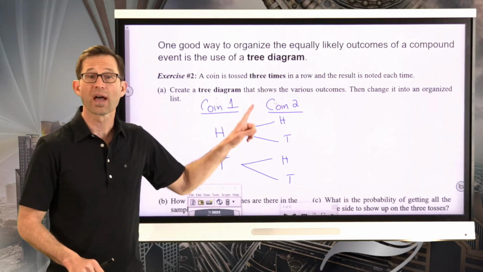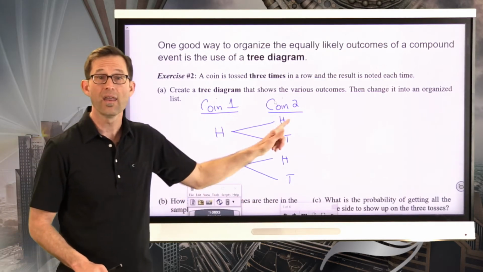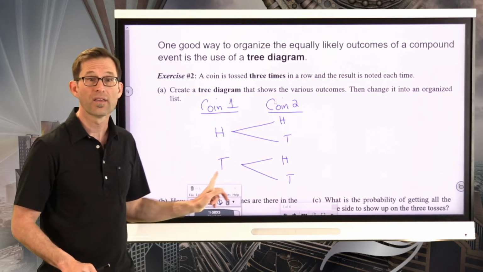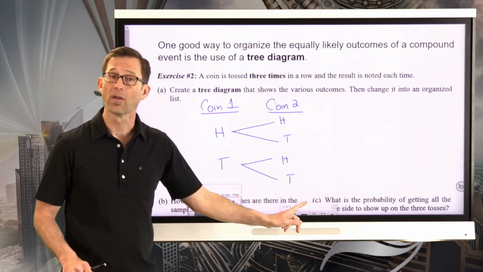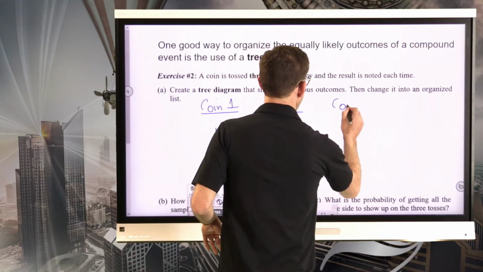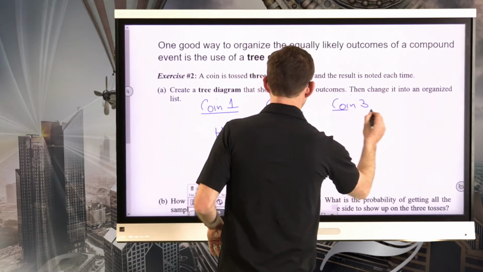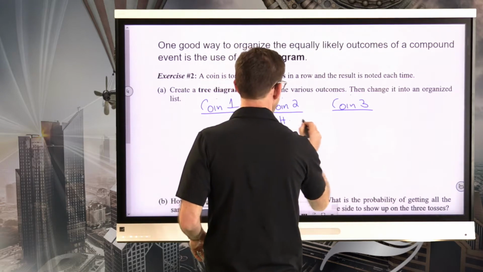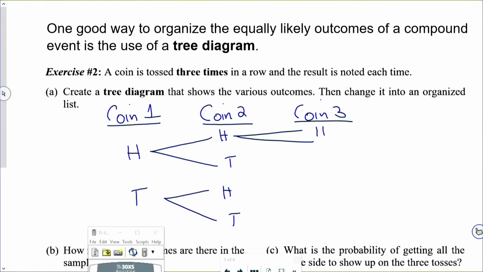So by this point, there are actually 4 outcomes: head, head; head, tail; tail, head; or tail, tail. But we've got 3 coins. So for coin 3, if we had this one, we could still have a head and a tail. This one, a head and a tail. This one, a head and a tail. And this one, a head and a tail.